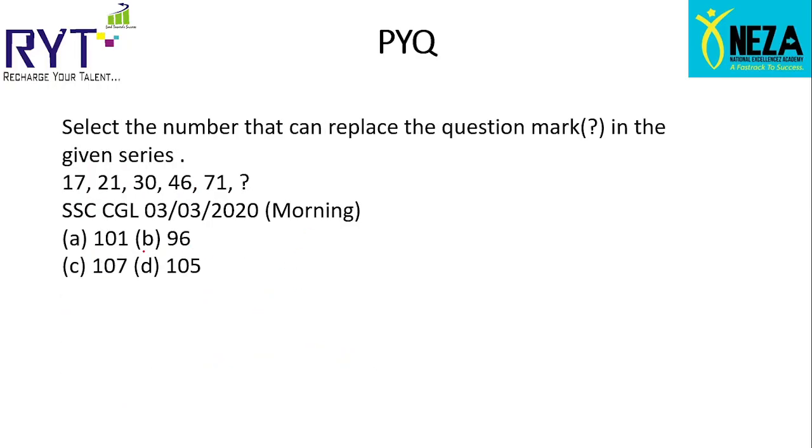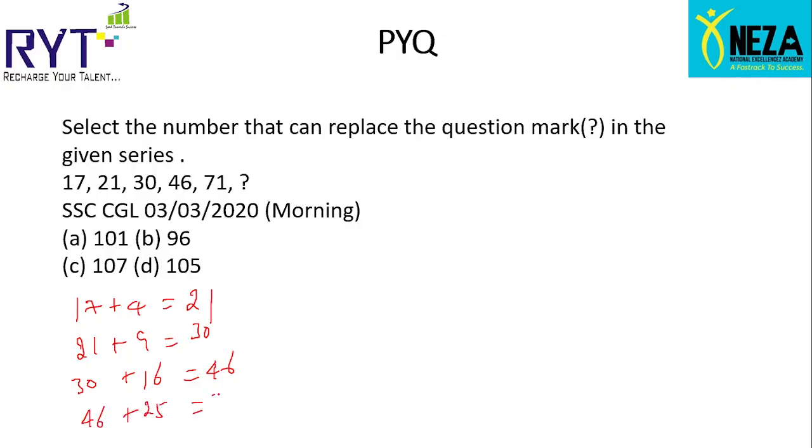next one, 17 plus 4 is 21, plus 9 is equal to 30, 30 plus 6, plus 20. So when I look at the difference, it is plus 4, plus 9, plus 6, plus 20.